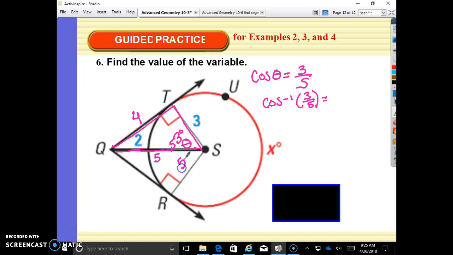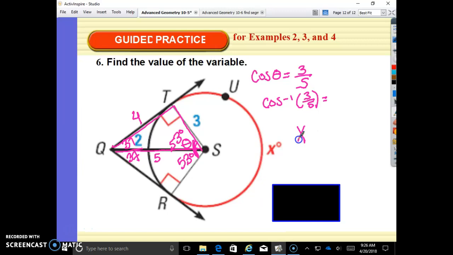So if that's 53 degrees and this is 53 degrees, we have 106 degrees here, right? What goes here? Well, 180 minus 90 is 90, and 90 minus 53 is 37. So out here we have 37 and 37, or a total of 74.